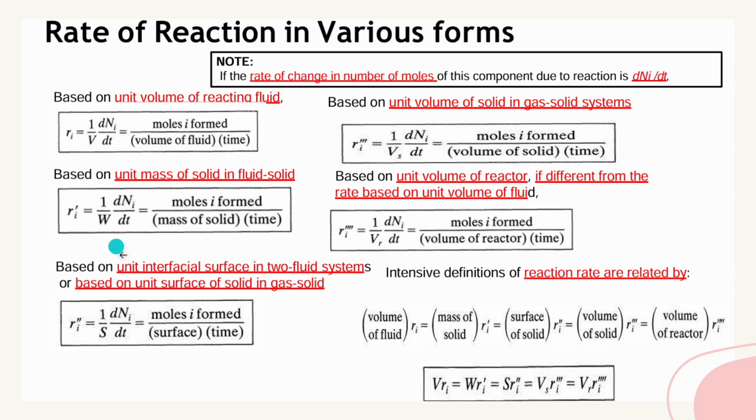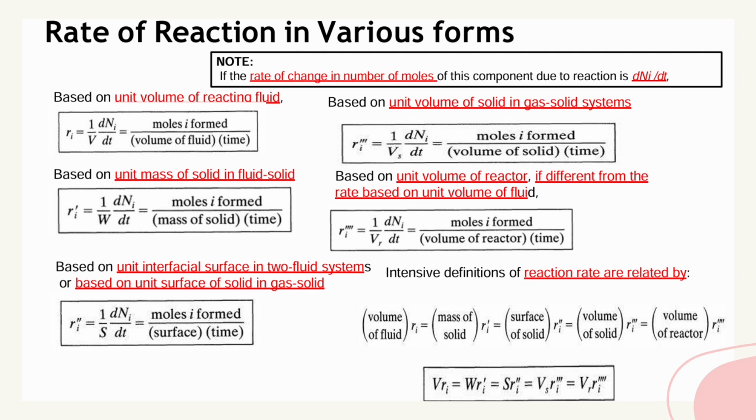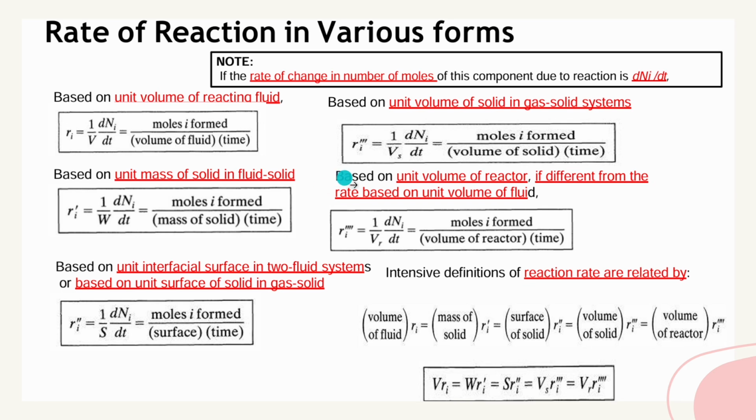Then based on unit interfacial surface in two-fluid systems, or unit surface of solid in gas-solid systems, ri'' will be equal to the number of moles divided by the product of surface and time. Then for unit volume of solid in gas-solid systems, ri''' will be equal to the number of moles divided by the product of volume of solid and time.